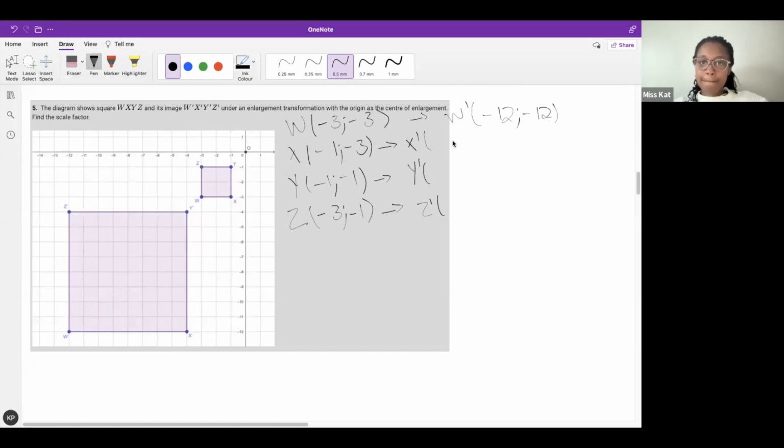X prime is -4 and -12. Y prime is -4 and -4. And Z prime is -12 and -4.